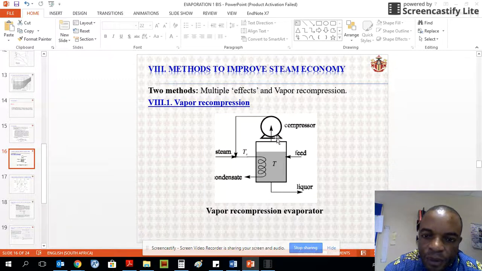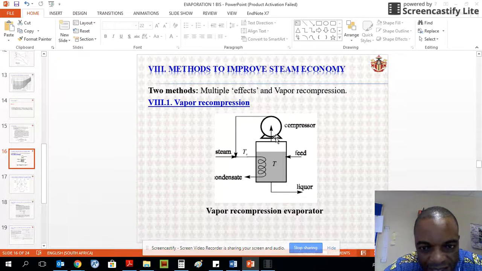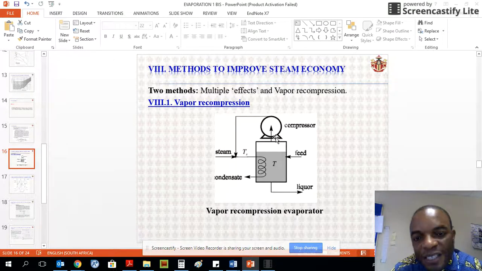How does this happen? When you compress a vapor, knowing that pressure times volume over temperature is constant, when the pressure is increased at constant volume, then the temperature will also increase, which means that by compressing under isochoric conditions, it means at constant volume, you'll end up with an increase in the temperature of your vapor phase.